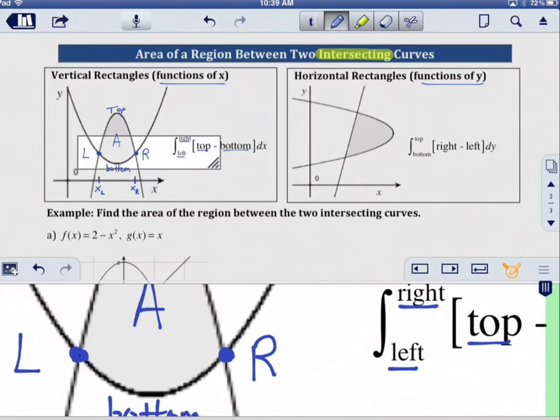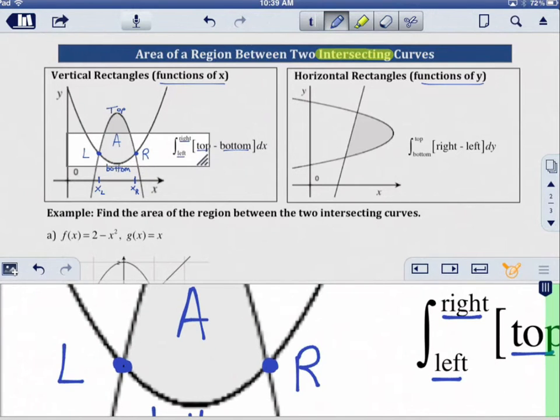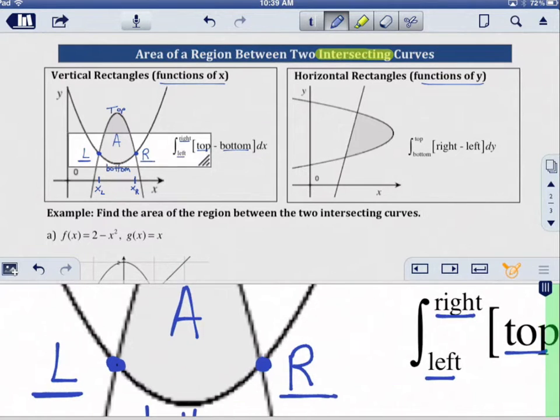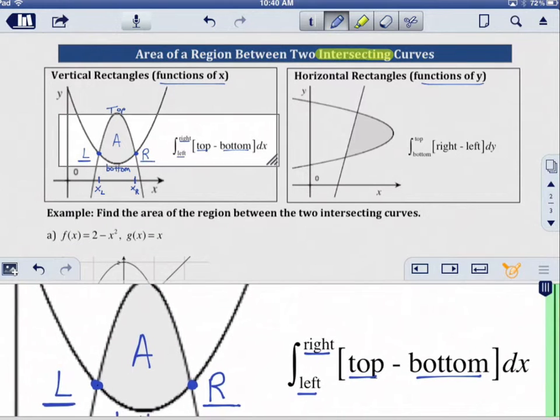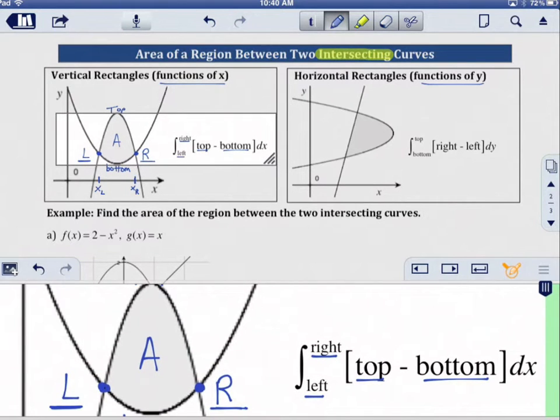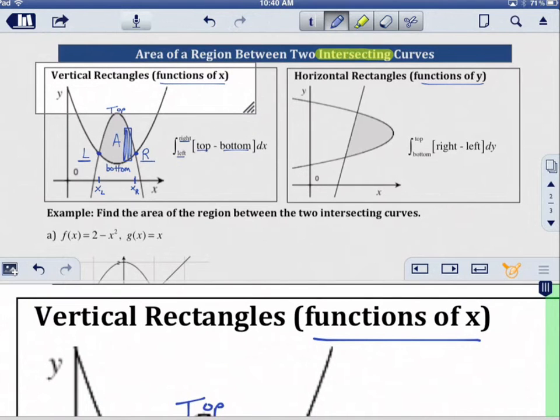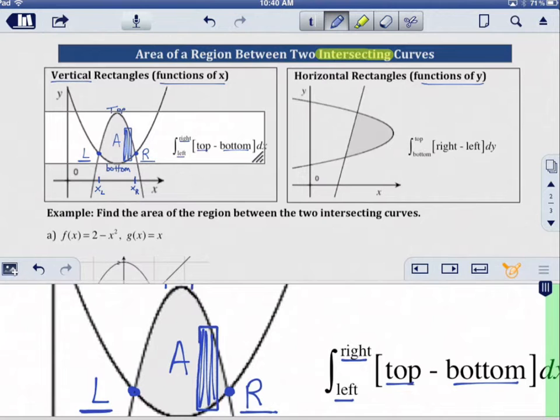Okay, so all you have to do differently from what we were doing is identify the x values of the two intersections on the left and the right, and then take your definite integral. And you'll notice here, if we were trying to draw representative rectangles, they would also be vertical. Okay, so a lot of times it's really good to start off with what type of rectangles would I use to find this area.